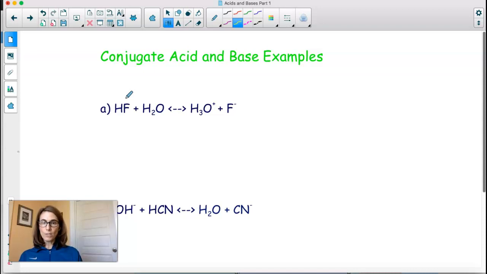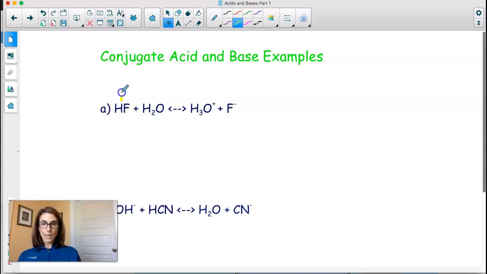just based on the definitions that I gave you to start with, right? What do we have in this formula? So in the formula HF, we see that it starts with an H. So immediately we should be thinking acid. And let's just make sure that it fits the definition. So if it's an acid, it should be donating a proton.